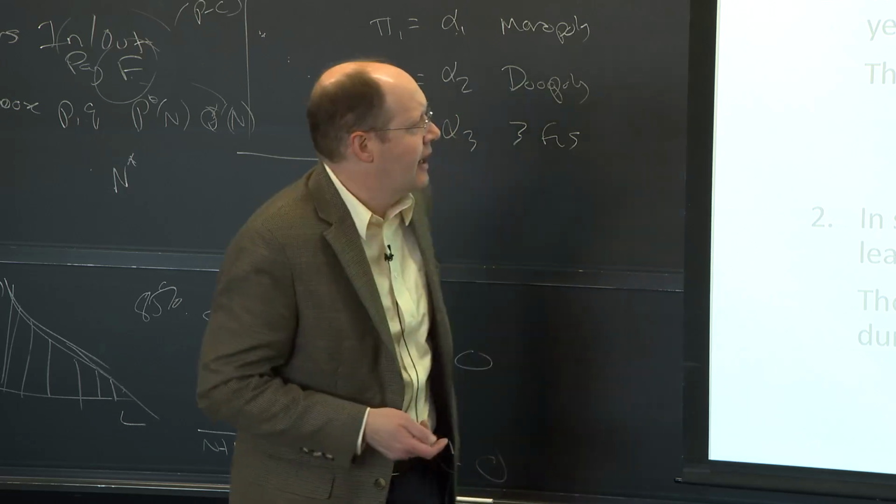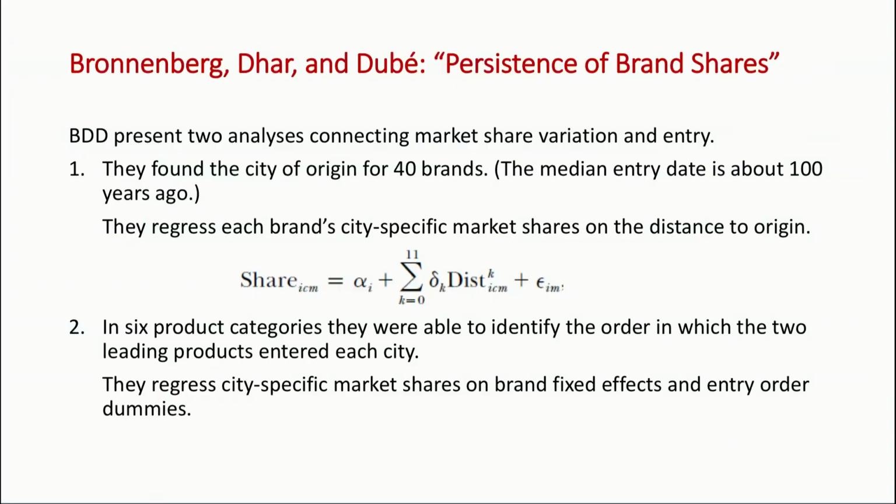But anyway, what they've done is they go back 100 years. All of these products like Hellmann's mayonnaise or Kraft mayonnaise, they find where those products were first introduced in the early 20th century, and sometimes in the 19th century. And then they do two things.